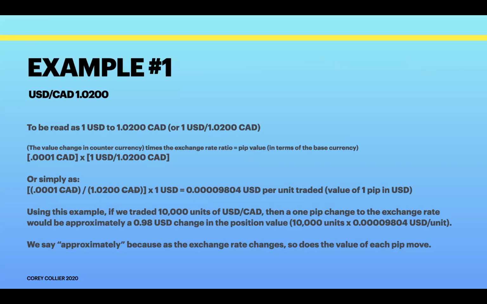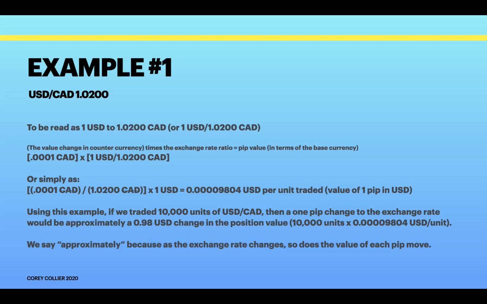So you've got the value change in the counter currency times the exchange rate ratio. That's going to equal the pip value in terms of the base currency. So you've got 0.001 Canadian dollar. That's the change that we have in the counter currency. We're going to multiply that by the ratio of, for $1, it takes 1.02 Canadian dollars.